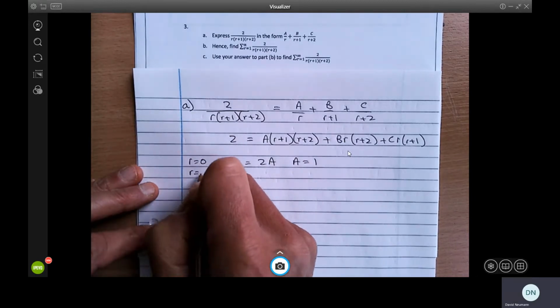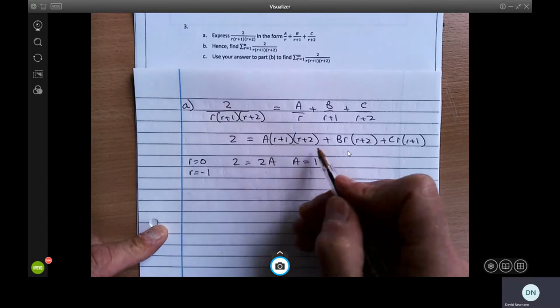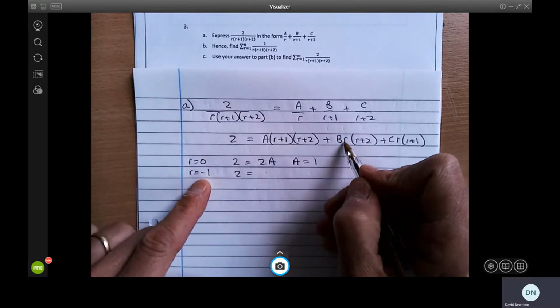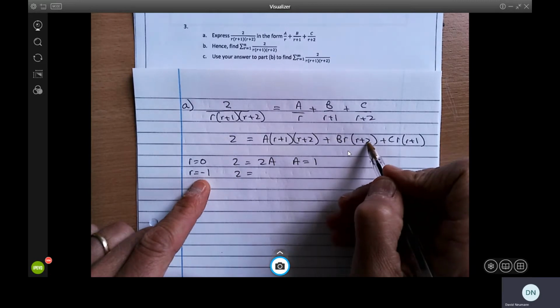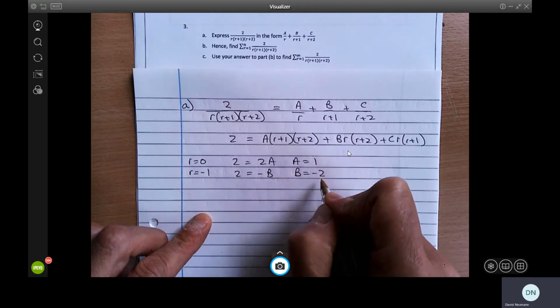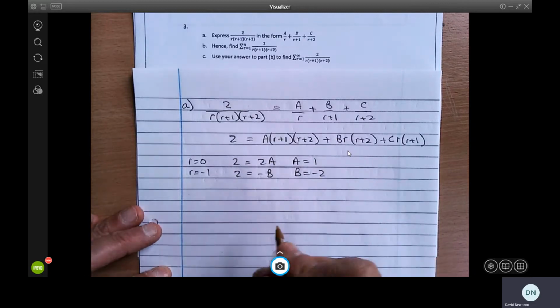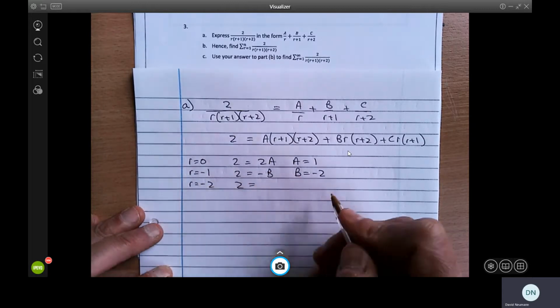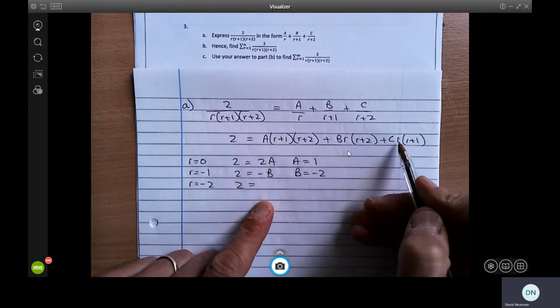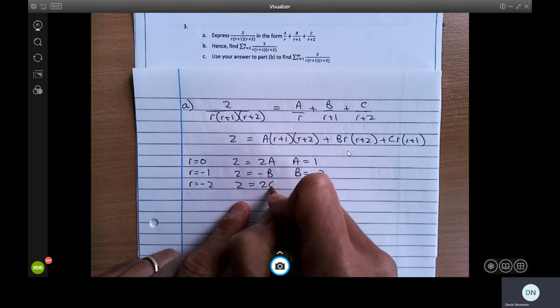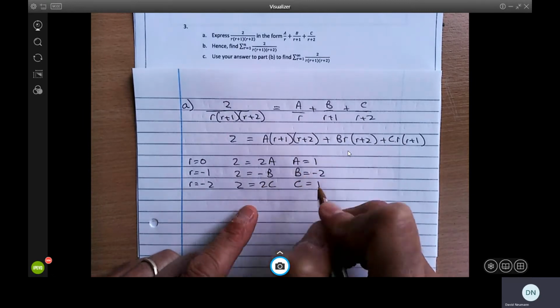r equals -1. So that term's going to be 0, and so is that term. So we get 2 is equal to, put -1 in there, that's going to be -1 times 1. So that's minus B. So B equals -2. And r equals -2. 2 is equal to, eliminate this term and this term, we're going to get -2 times -1, so that's 2C, so C is also equal to 1.